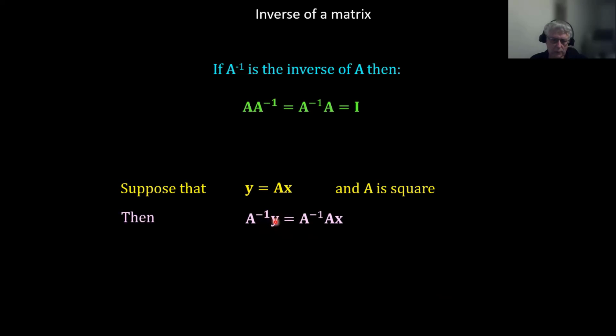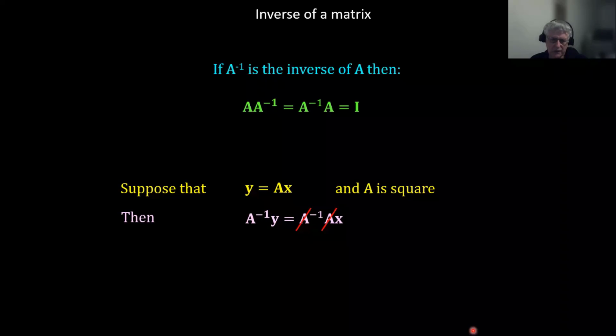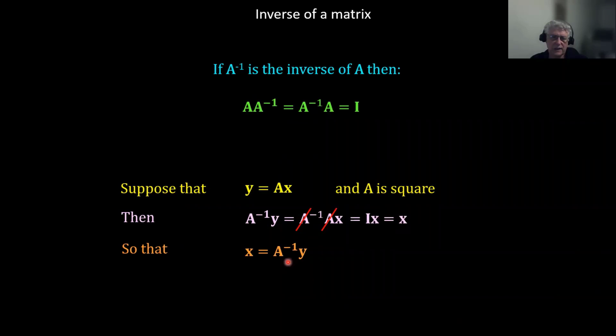A^-1 y equals A^-1 A x. Well, that's the identity matrix, and we've recovered x. So x equals A^-1 y. So in summary, if y equals Ax and we want to get x and A is square, we just use the inverse of A to recover x.